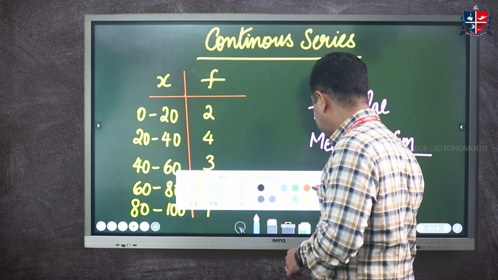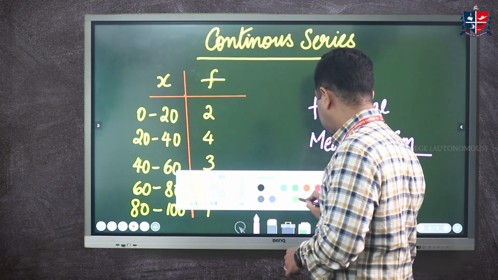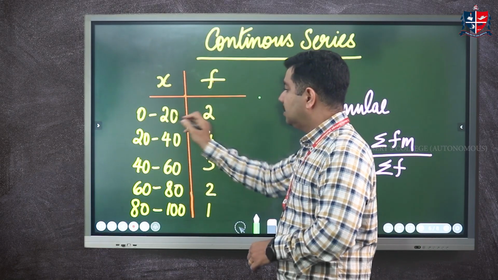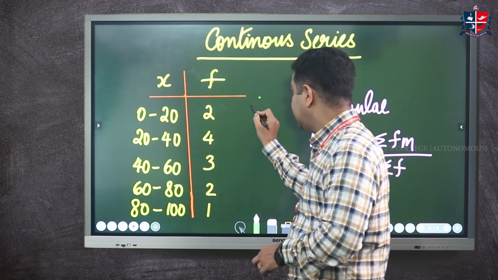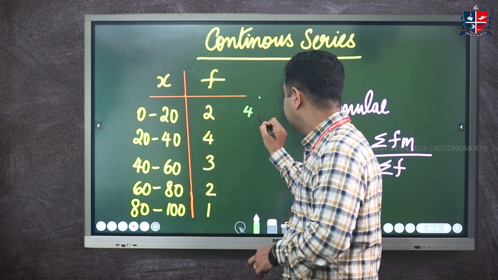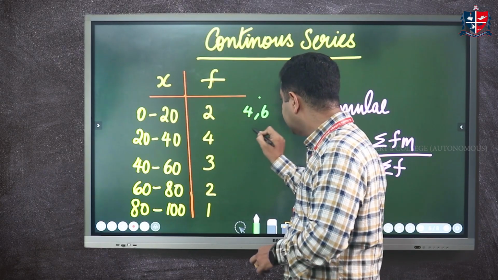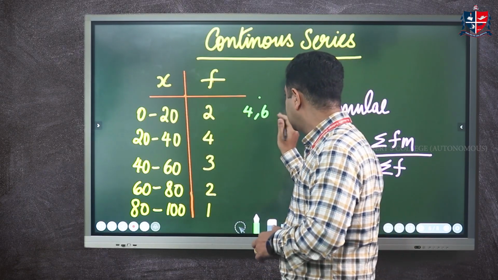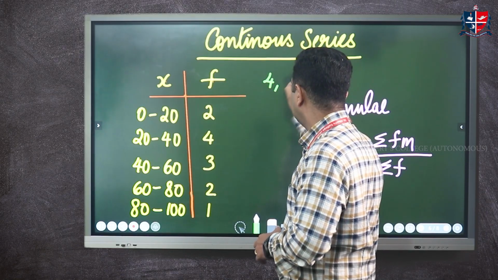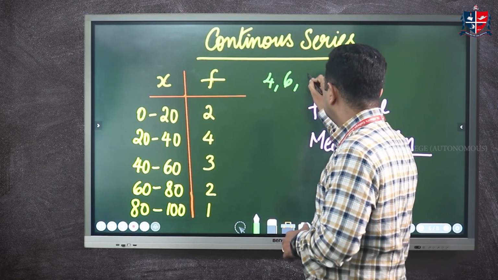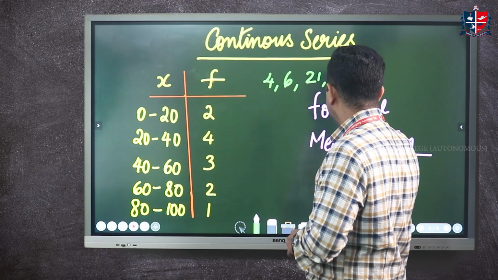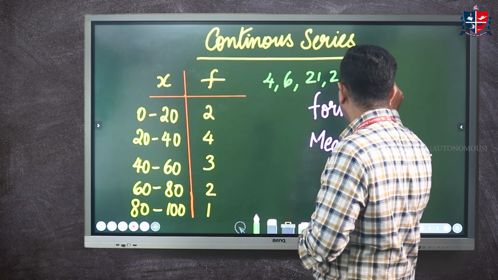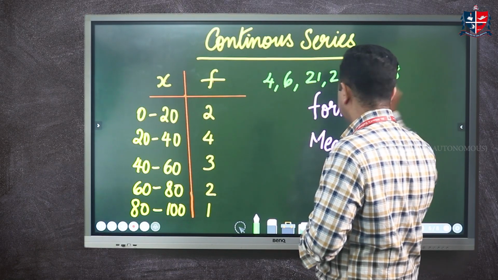Now, you can understand it like this. Imagine a data set like 4, 6, and then between 20 to 40 could be any four numbers, like 21, 22, 23, 28.